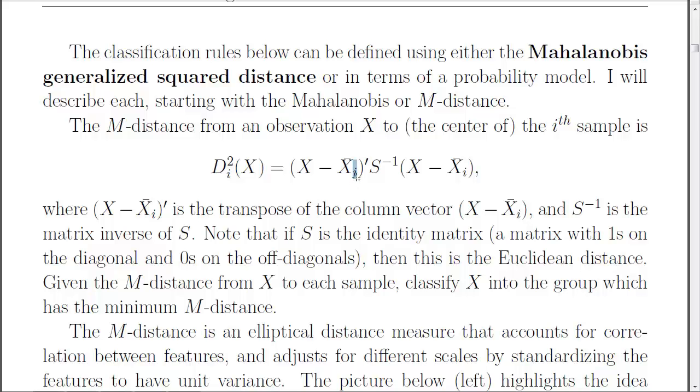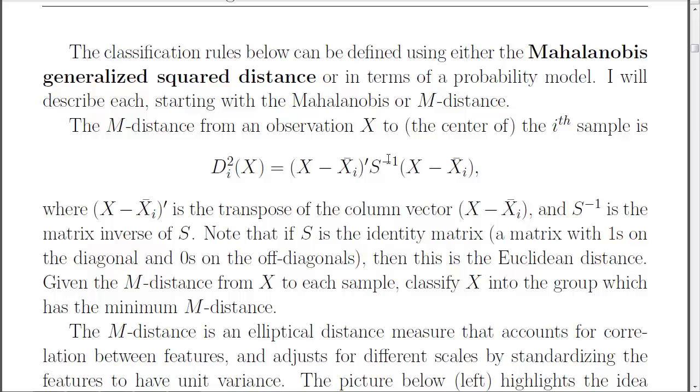So in our case, for Fisher's iris data, we've got Setosa as, say, the first group, so that's when i equals 1. So this is the distance between the observation and the mean, and so is this over here, x minus x bar. And these are both vectors, so we have a whole bunch of distances.